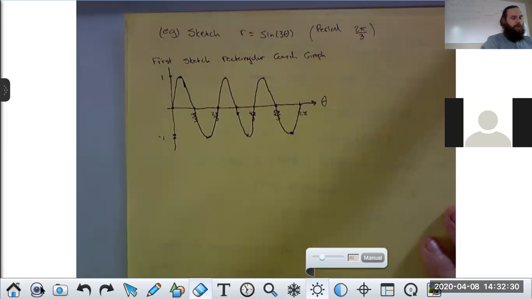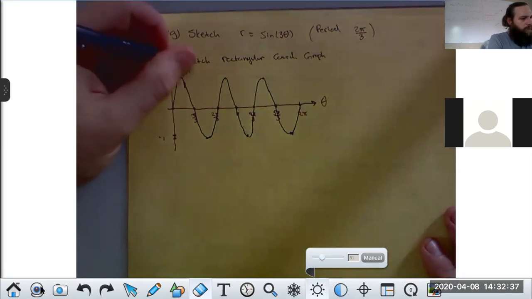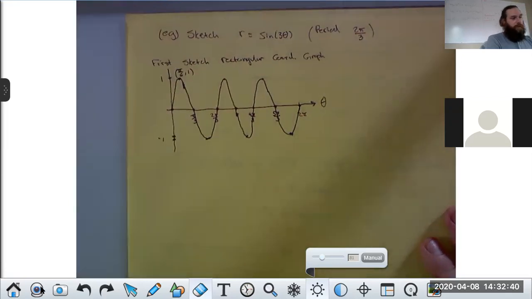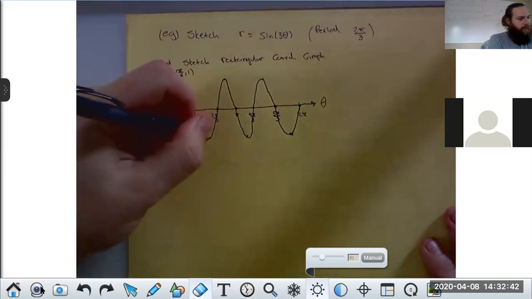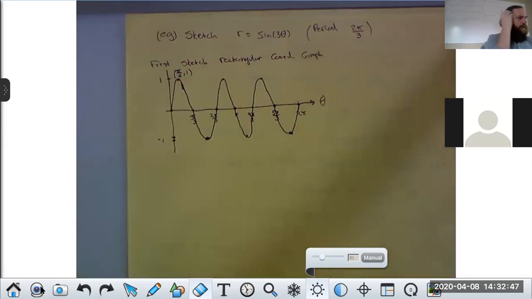It has to be halfway between 0 and pi over 3, so that has to be pi over 6. And then we have pi over 3 comma 0, and then down here, pi over 6 past pi over 3. What is that? Might be easier to think in terms of degrees. Pi over 3, that's 60 degrees. Pi over 6, that's 30 degrees. So this is going to be 90 degrees, pi over 2.